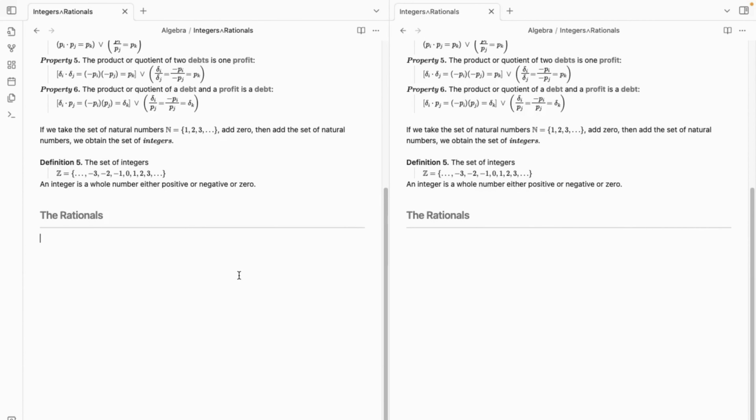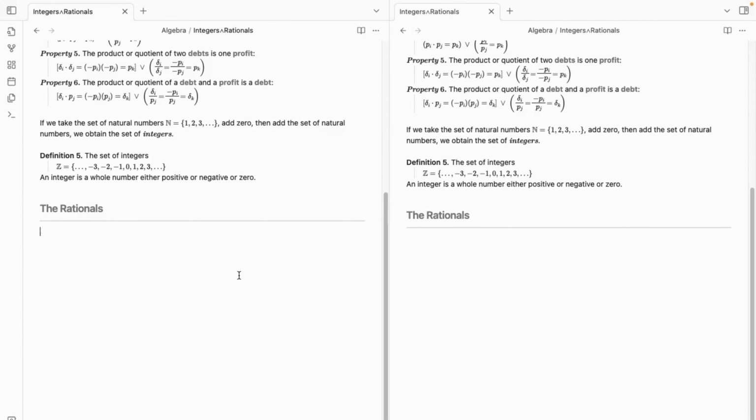All right, the rationals. Okay, so every natural number is also a whole number.